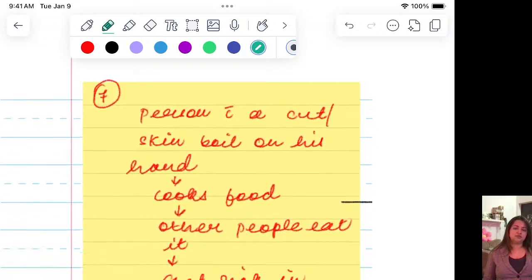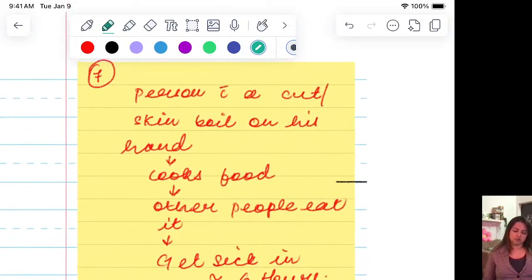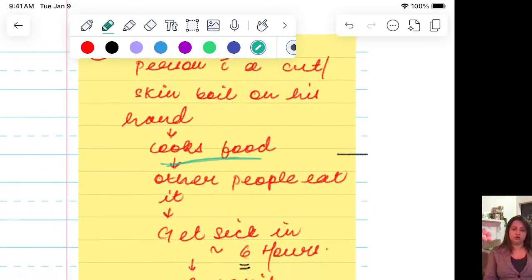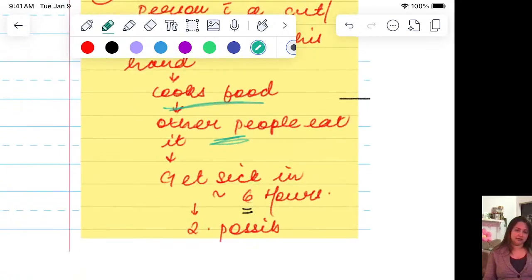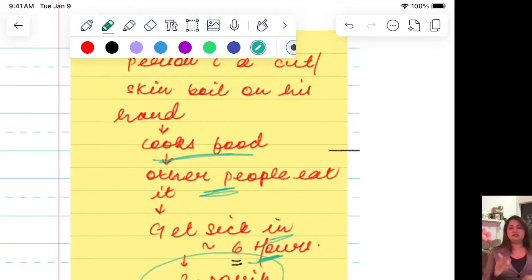Now look at this image. The patient with a cut or boil on his hand cooks food, other people eat it, and get sick within 6 hours. What are the two DDs? So someone is having a boil or cut over the hand. The same person is cooking the food, others are eating it, and they get sick within 6 hours of consuming this food.